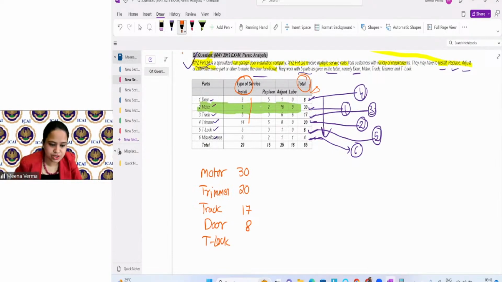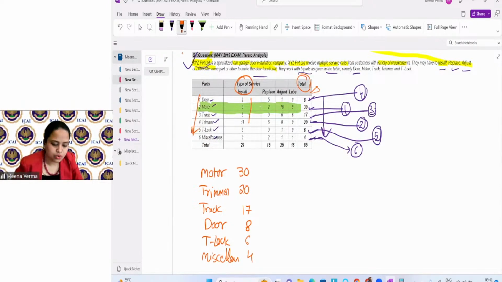In the question, it is mentioned. Be very careful when you are reading the question. Read each and every line carefully. When you have the question in exam, give your time to reading the question carefully. Then miscellaneous, 4. So I have just arranged them in descending order.